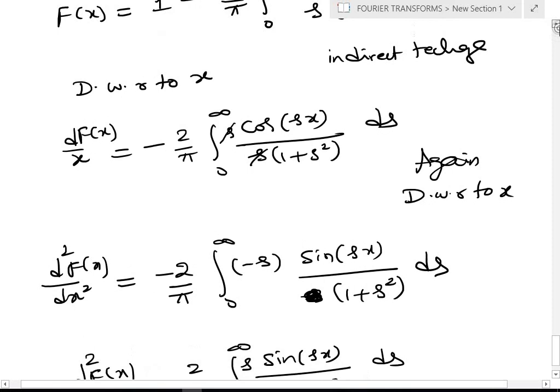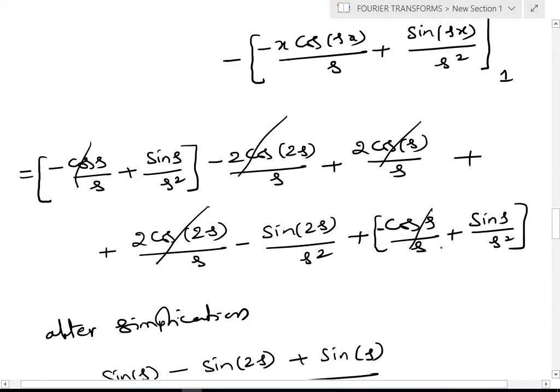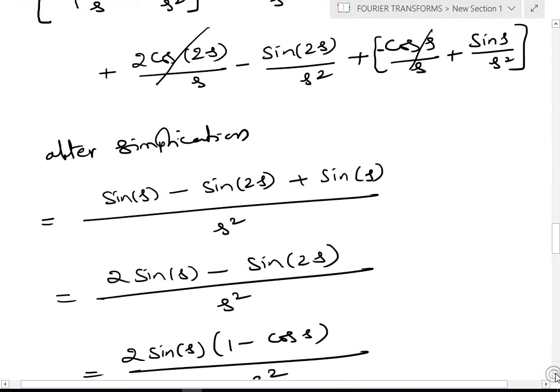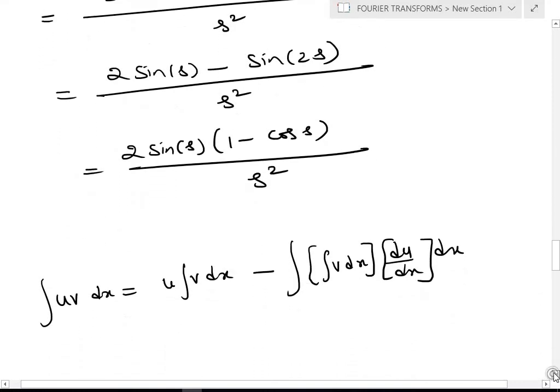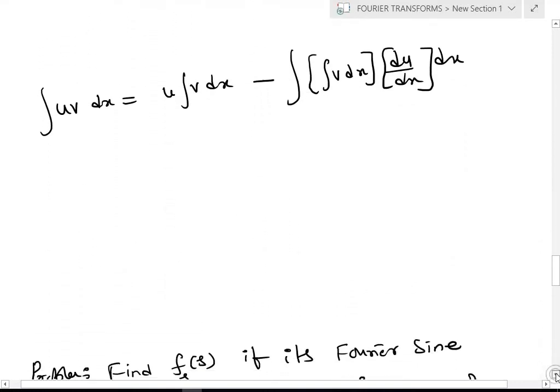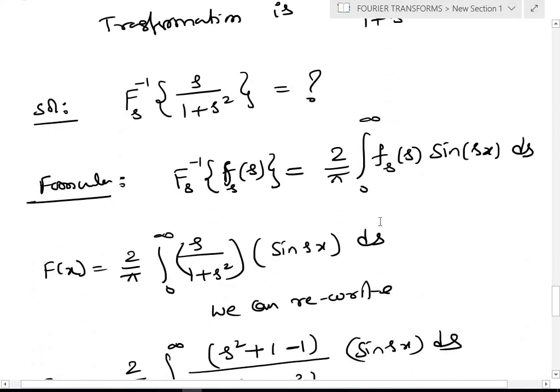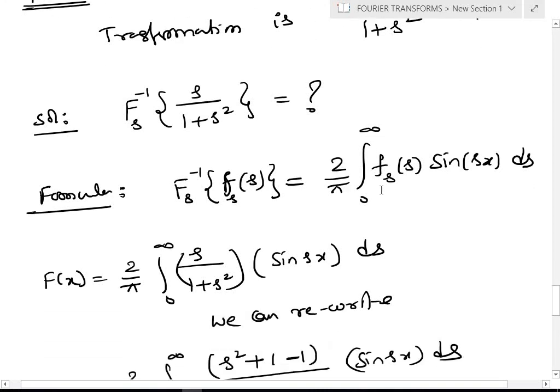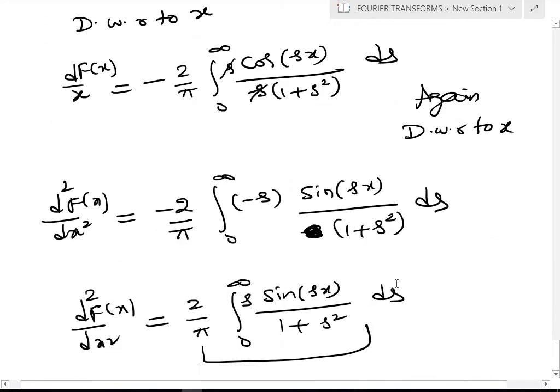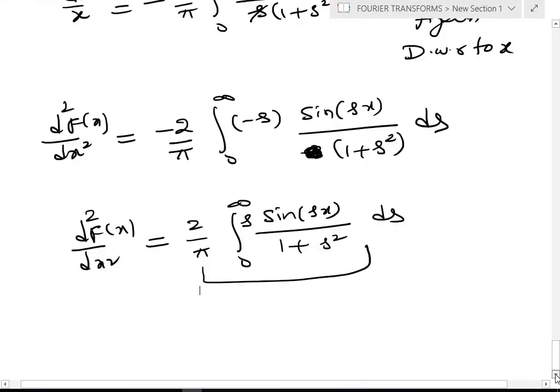See here, just a second. Yeah, this is the function f of x. This is s by 1 plus x square. Then finally I also have s by 1 plus s square.